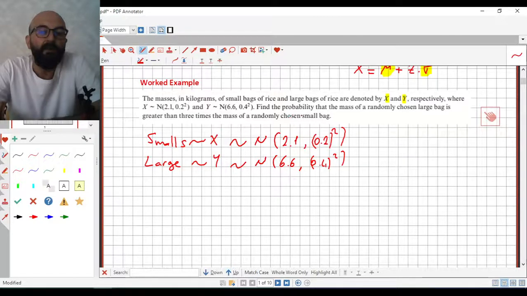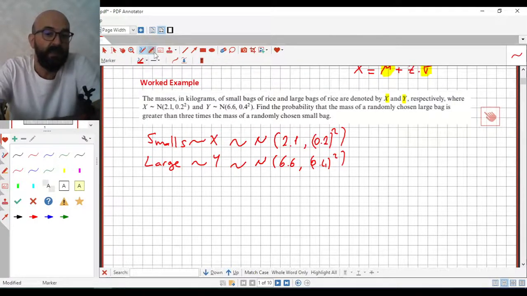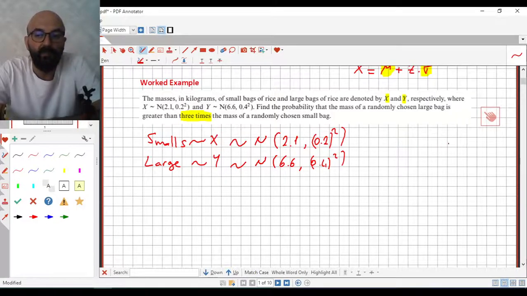Find the probability that the mass of a randomly chosen large bag is greater than 3 times the mass of a randomly chosen small bag. The keyword is 3 times. 3 times means 3 multiplied by the small bag, 3 multiplied by x.